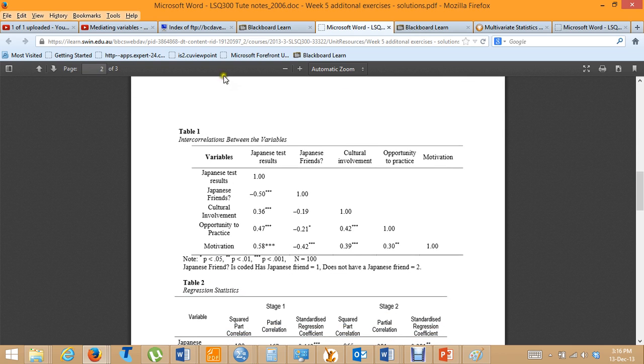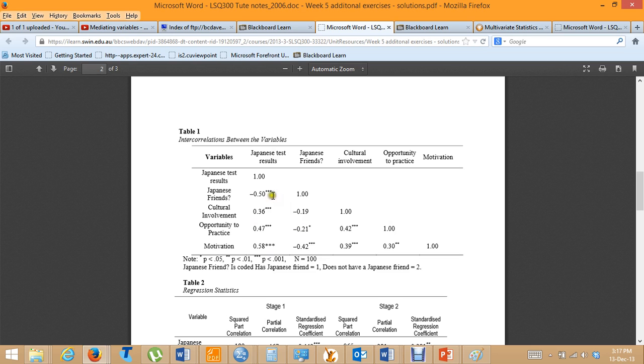So here you can just see the intercorrelations between the variables, so there is a correlation between Japanese test results and Japanese friends, Japanese test results and cultural involvement, Japanese test results and opportunity to practice, Japanese test results and motivation. So that's the correlation of the DV with all of the variables. The correlation between Japanese friends and the other IV and the two mediators and so on, okay?